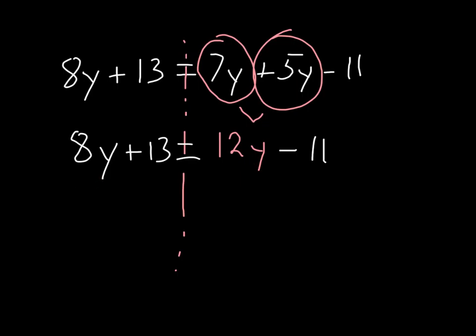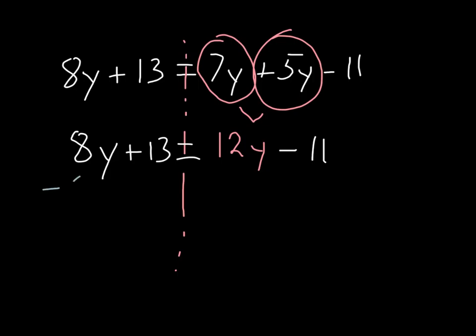So those terms can be combined, but since they're on opposite sides, we have to use inverse operations. For example, since 12y is bigger, I'm going to keep my y terms over here, and I'm going to go ahead and subtract my 8y from the left so that I can get rid of the y here, because I want my y just to be on one side of the equation.